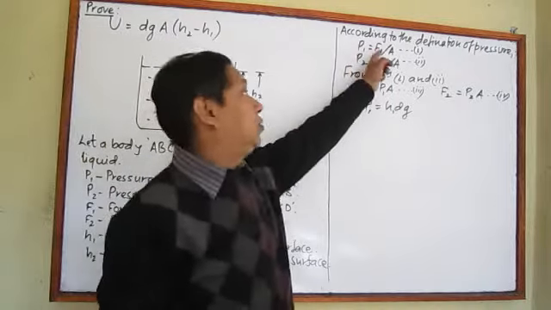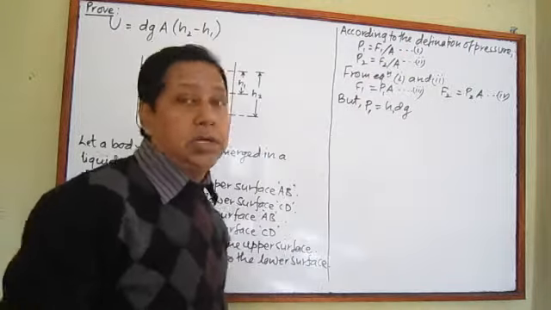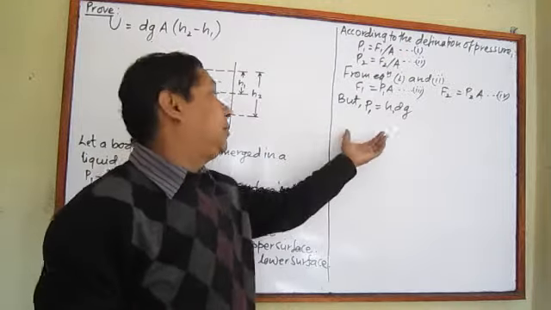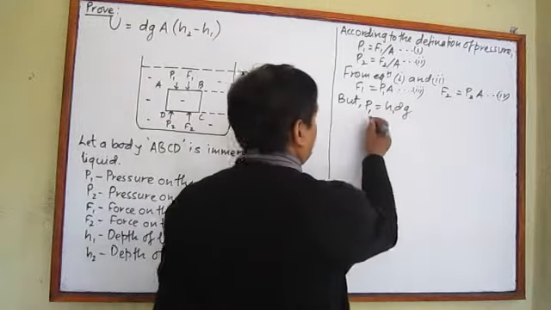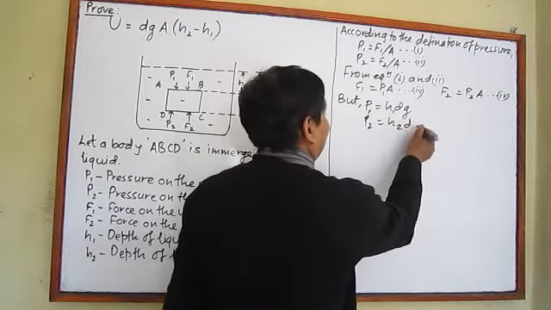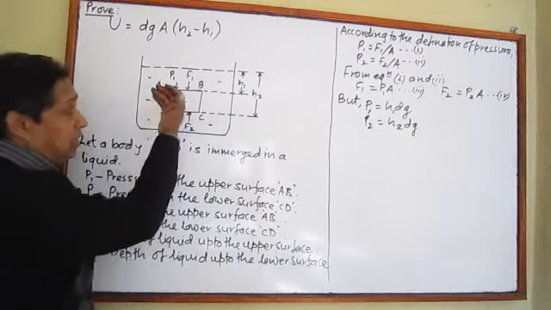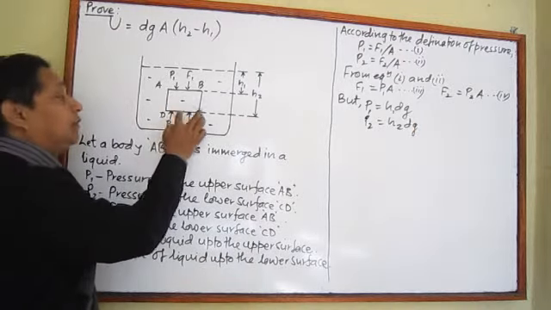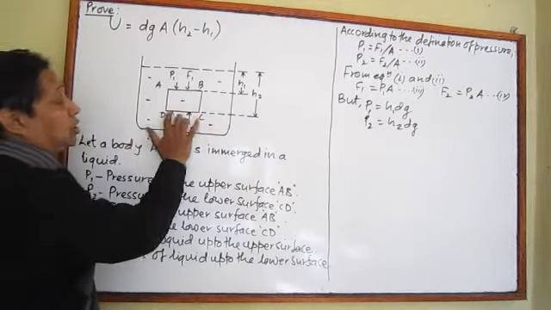We can write this way also because we are talking about liquid pressure. This equation is true for every substance, whether solid, liquid or gas, but this equation is utilized to calculate the pressure for liquid only. Okay, the same way, P2 is equal to S2dg. Why? P2 means the pressure acting on the surface CD.